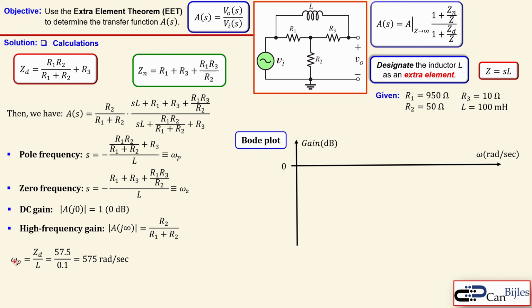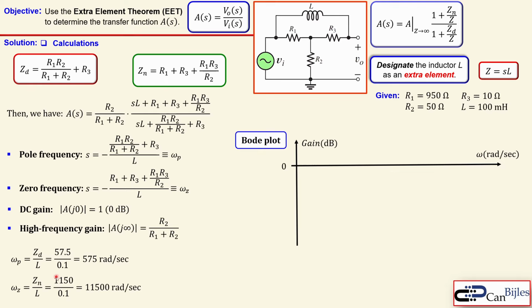So what happens? Well, if I calculate the pole frequency using the values here, you get for ZD first, that's this part, 57.5 ohms divided by 0.1, which is our inductor, and you get 575 radians per second. The zero frequency is determined again using this parameter, then ZN.